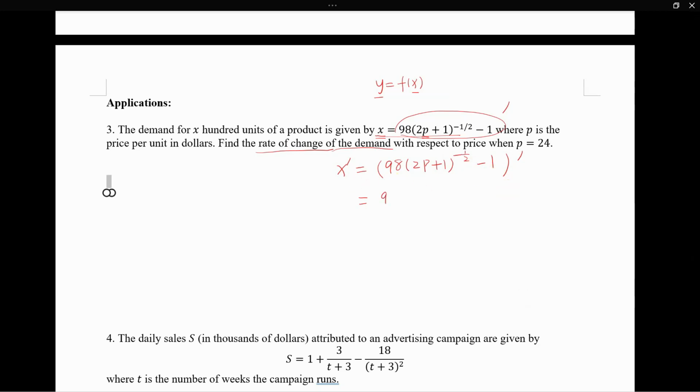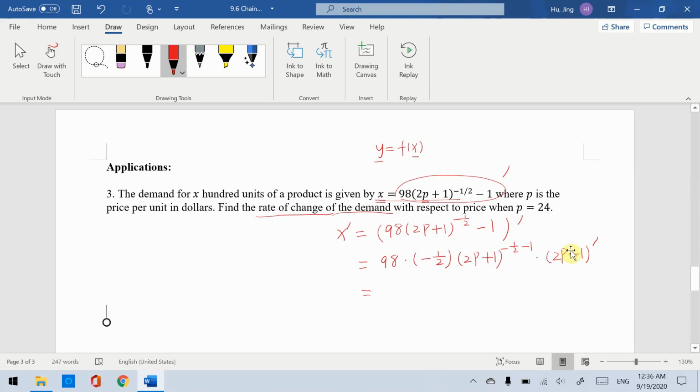So 998 stay, then negative 1/2 jump down. Just be generous, use the parentheses because of the negative, then (2p plus 1), negative 1/2 minus 1, downgrade 1. And because p is the input, we need (2p plus 1) prime. Here, what do we get? 2, right? The prime is 2. 2 and 2 cancel out.